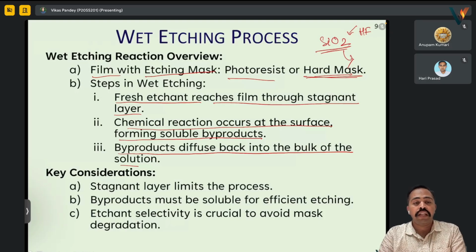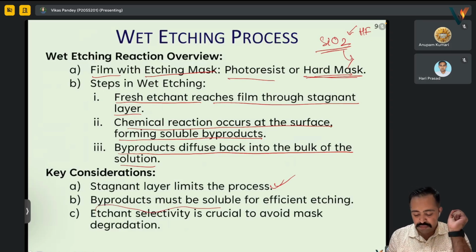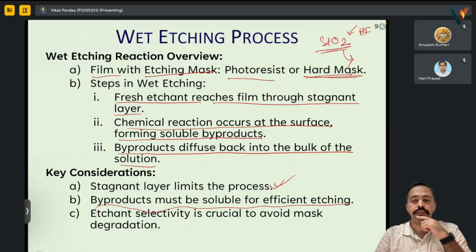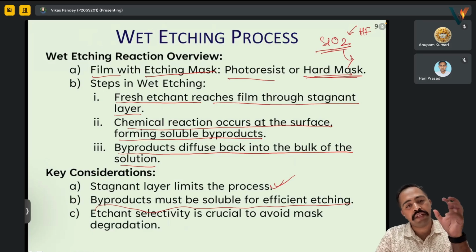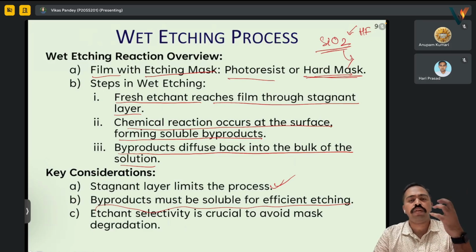One key consideration is that the stagnant layer limits the process. The top stagnant layer is limiting the process. Second, the byproduct must be soluble for efficient etching. It should not remain there or be very tough to remove.